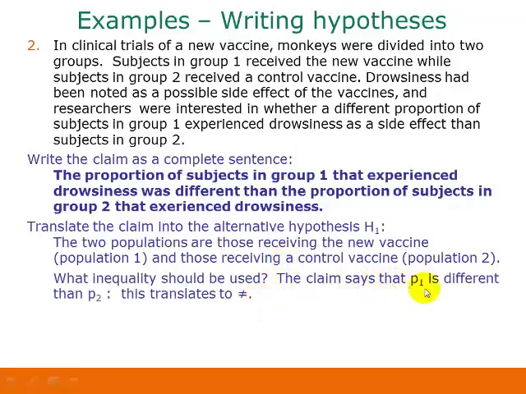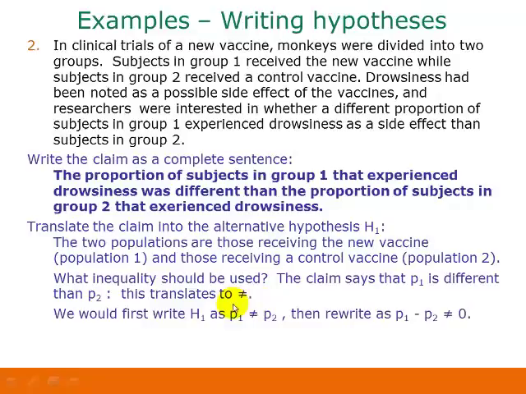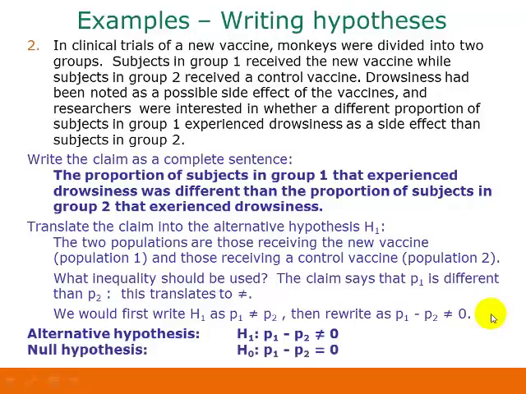The claim just says that p1 is different than p2, so this translates to a not equal to. So we would start out by writing our alternative hypothesis as p1 is not equal to p2, and then we'd subtract the p2 from each side to get p1 minus p2 is not equal to 0. So there's our alternative hypothesis, and there's our null hypothesis that we get by replacing the inequality with an equal sign.